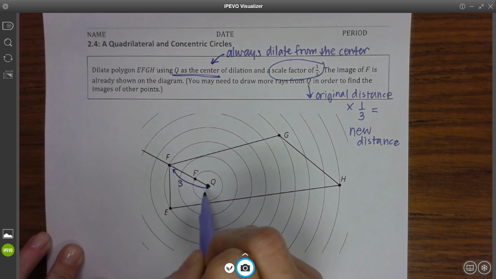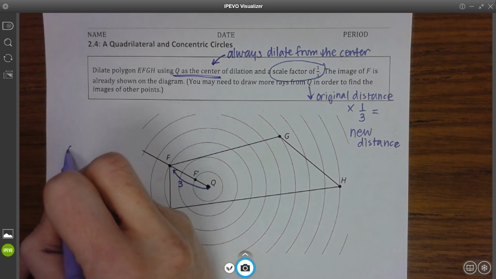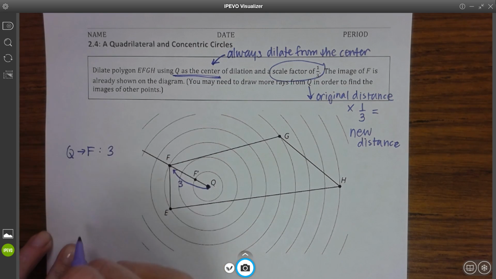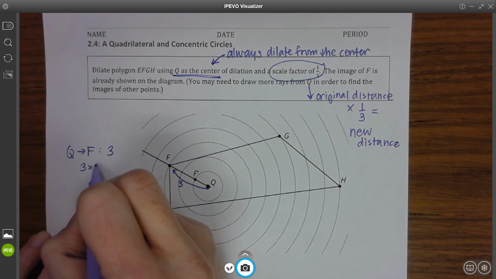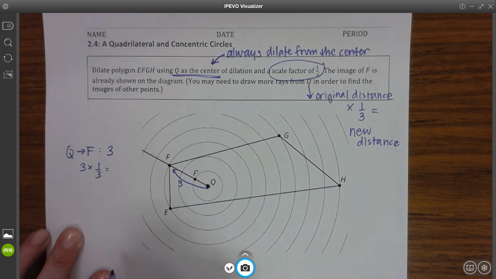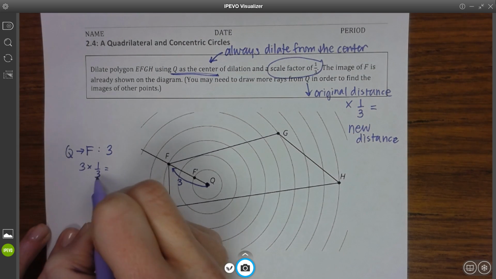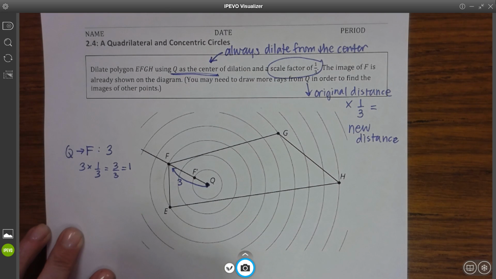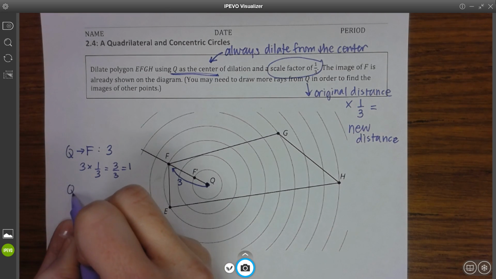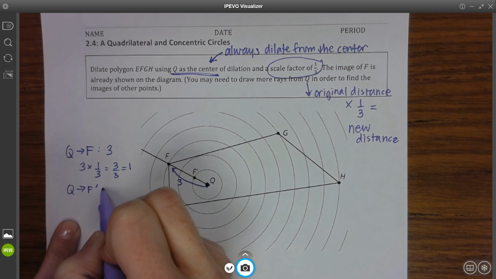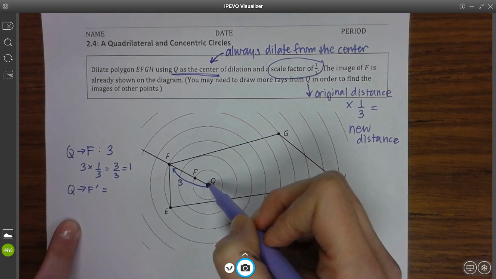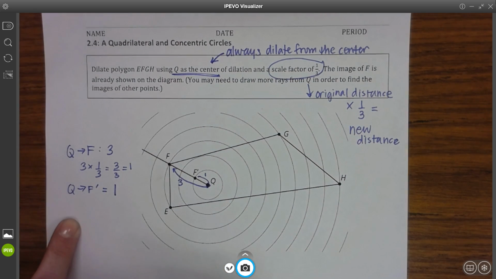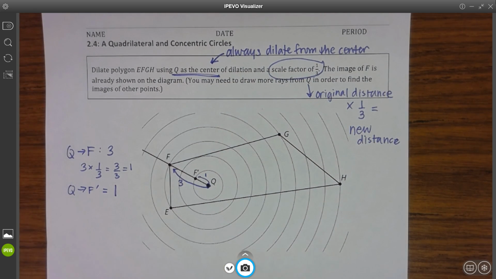Right? So from Q to F is 3. Three times 1/3, we multiply across, and I get 3/3, which is 1. So that means from Q to F prime, I'm going to go 1 unit.